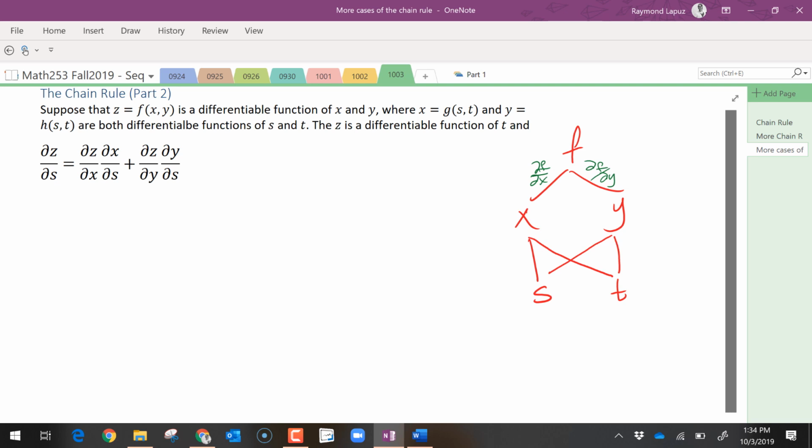So we're using the partial derivative notation. Partial x with respect to s, partial x with respect to t. And then here we have the partial y with respect to s, and partial y with respect to t.